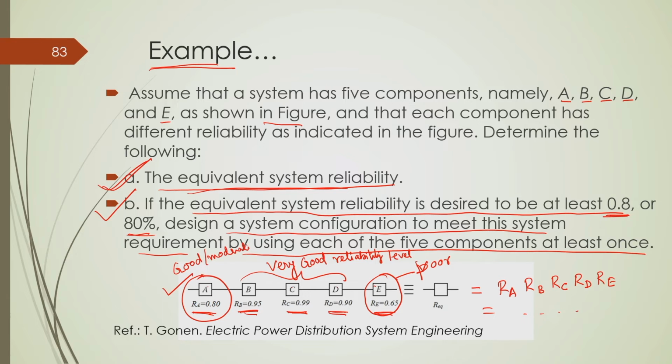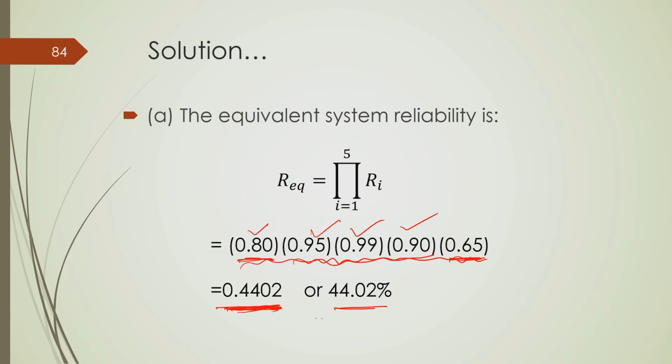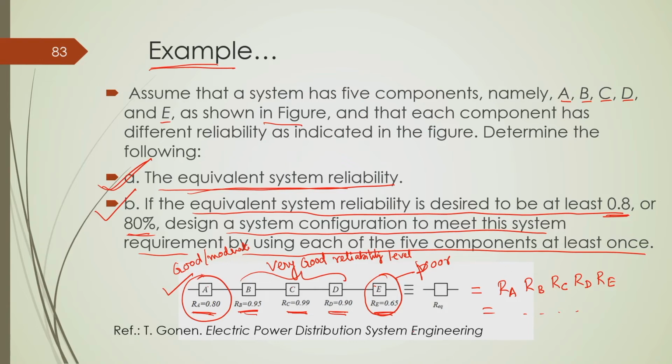but because they are connected in series, the composite reliability is even less than the unit which has the least reliability level, that is 0.44, which I in fact explained when I talked about units connected in series. Because of that, the overall reliability level of the system becomes poor.